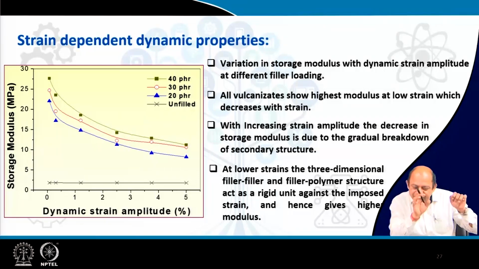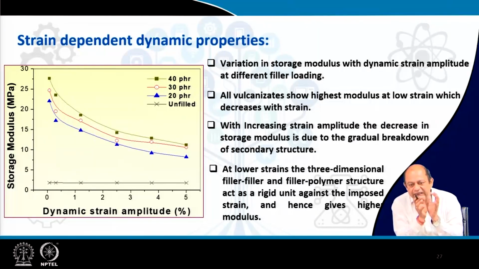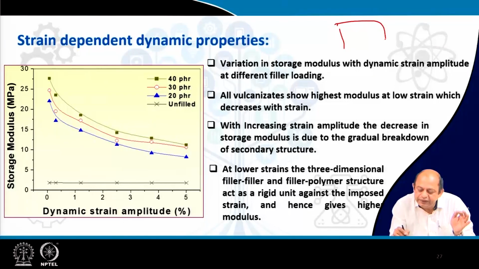Now, this filler, first it gets dispersed, but if it aggregates, the very first strain or deformation you put will be taken by the filler aggregates, if the given composite material is highly aggregated. These are the filler representations.